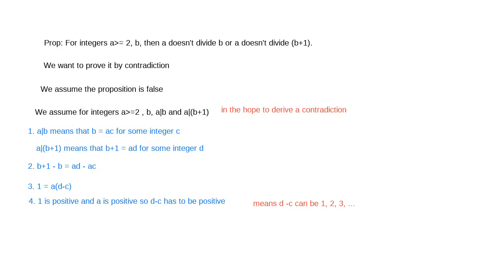So step 5. Let's rewrite a. Let's divide d minus c on both sides. So we write a equals to 1 divided by d minus c. Right? So think about this. Now let me write it in red color. This means 1 divided by d minus c can be 1 over 1, which is 1, 1 over 2, 1 over 3, and so on and so forth.